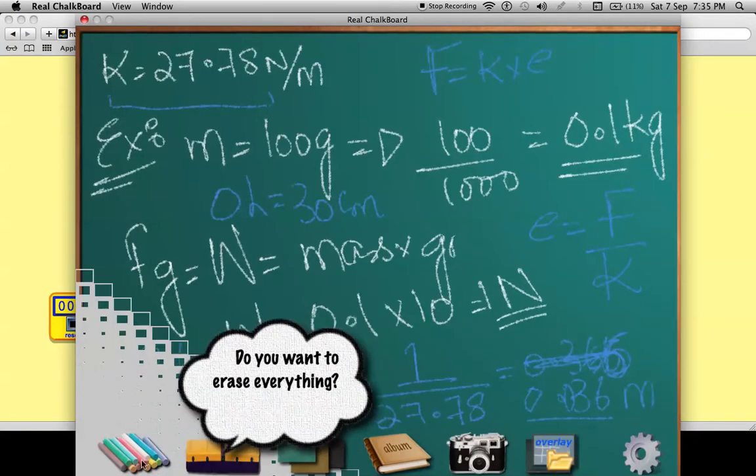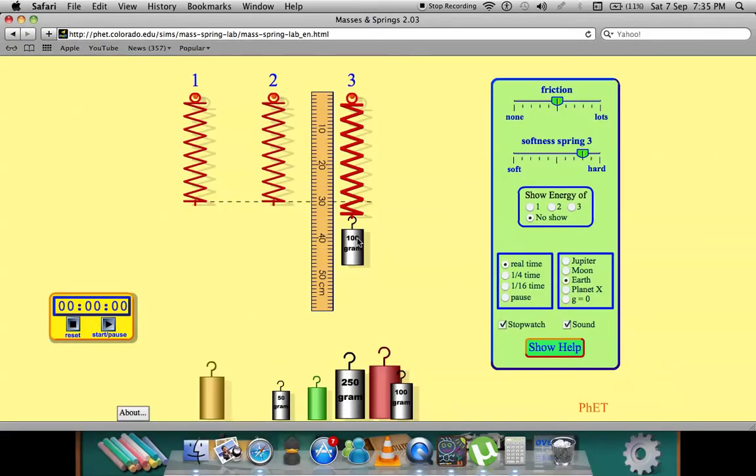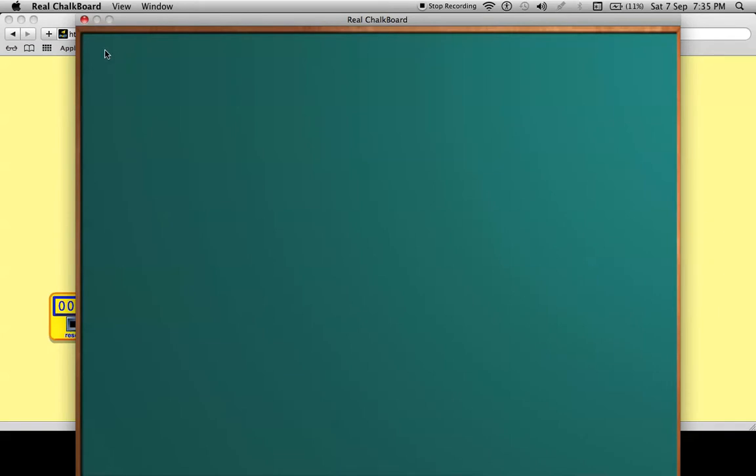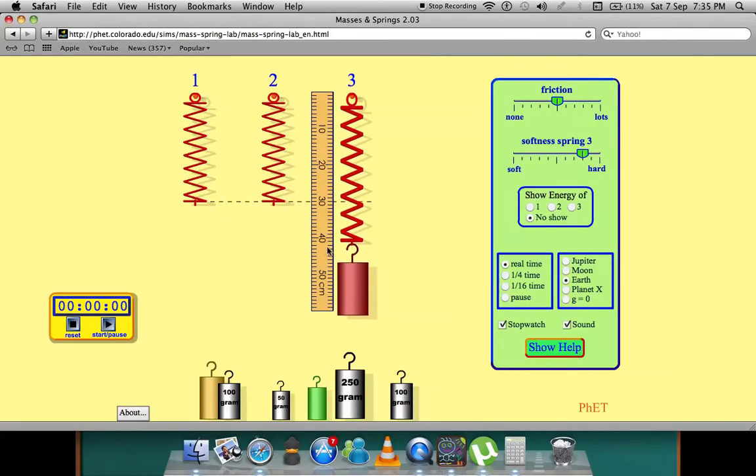Using the same stiffness constant, let's find the mass of an unknown substance. Let's attach it here. So our stiffness constant is 27.78 newtons per meter. Let's find out our extension.